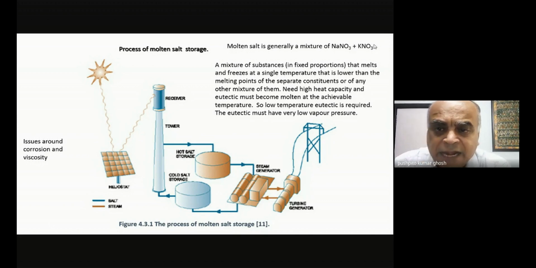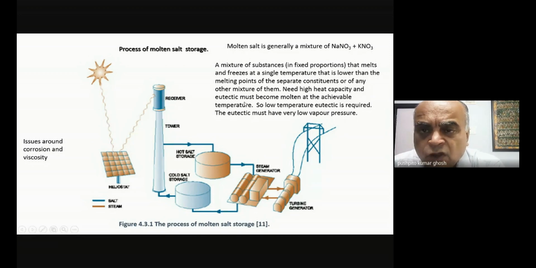The others are that, as I told you, it must be molten, but it must not be volatile. It must have an extremely low vapor pressure. It should not be volatile at all, because then it will go and coat all kinds of things and make a mess.